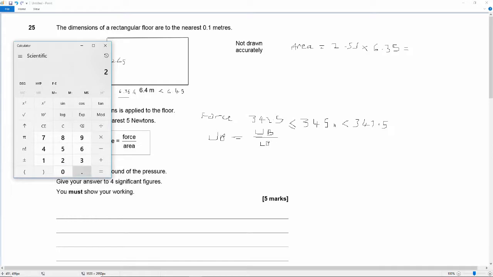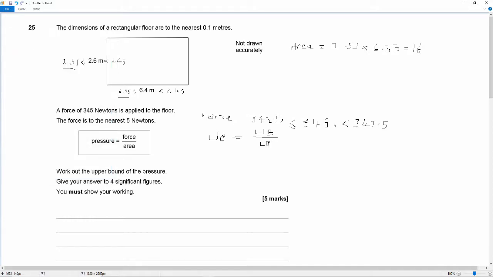Okay, so 2.55 times 6.35 equals 16.1925. Okay, so that's the lower bound for the area.